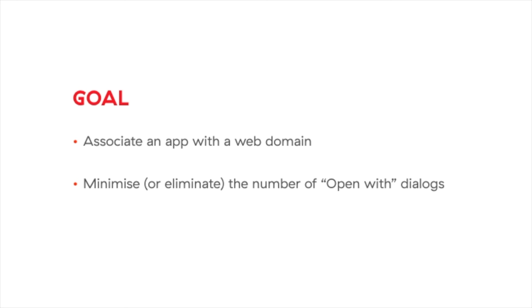You can associate an application with the web domain you potentially own, or maybe somebody you know owns, and you eliminate those pesky open with dialogs if you want to. So it's basically a good user experience, which you can provide for your users.